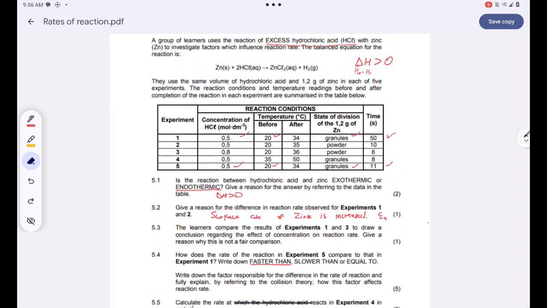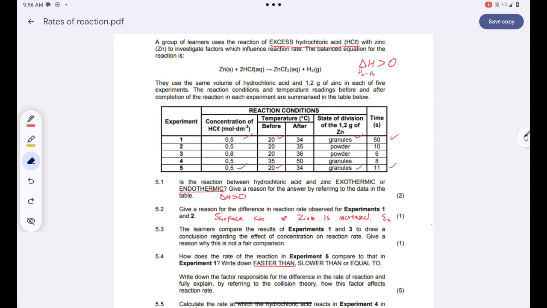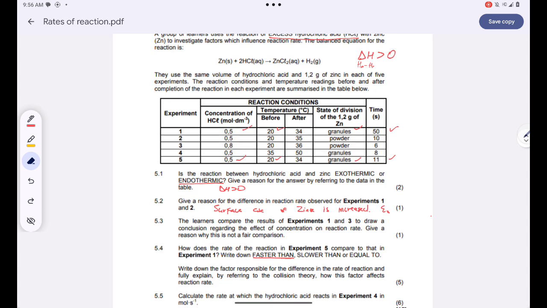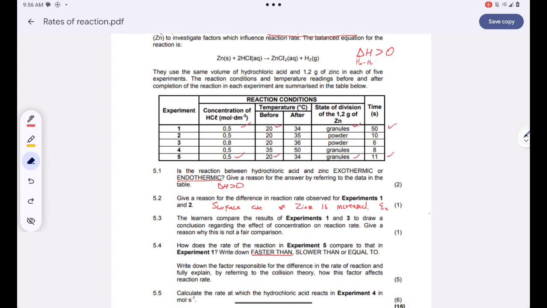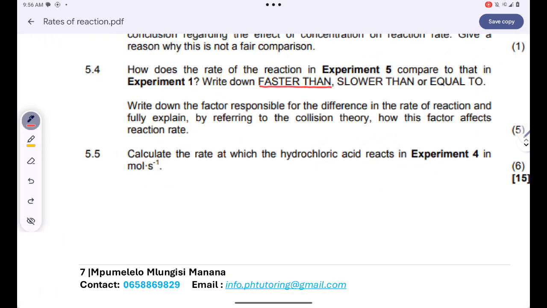Were we given the volume? Okay, there was no volume. So let's use zinc, because we have more information on zinc. The initial number of moles for zinc.